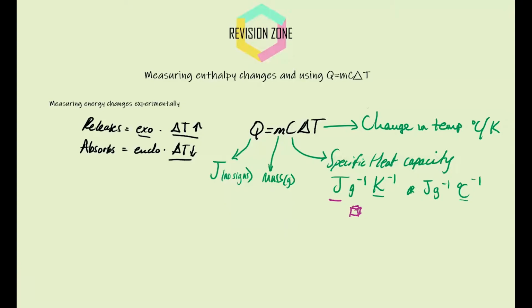So if this was 1 gram of substance, shade that in, how much energy does it require to get that 1 gram of substance up by 1 degree Celsius or 1 Kelvin? One thing I will say, a lot of people think, oh, metals are good conductors of heat, which they are, so they must have high specific heat capacities. Well, actually, because they're so good at conducting, they have very low specific heat capacity, so it doesn't take much energy to raise it through a certain amount of degrees Celsius or Kelvin. So just keep that in mind.